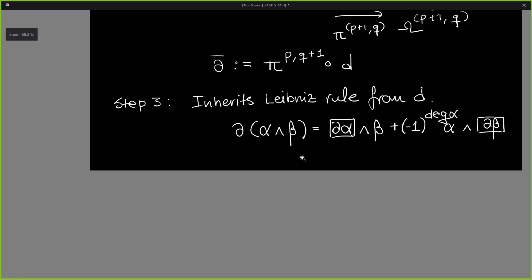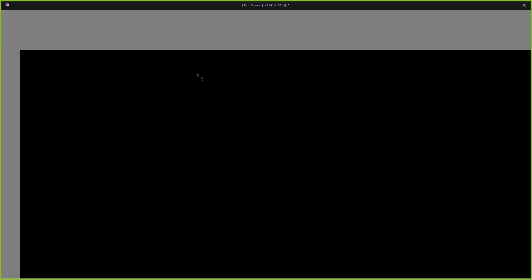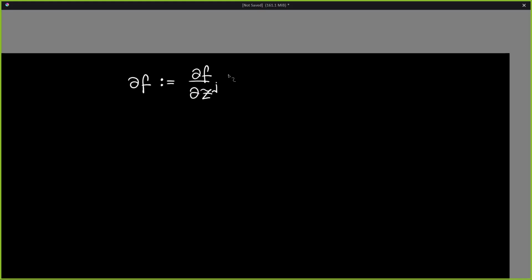And now, in order to fully define it, because we can keep using the Leibniz rule to decompose until we have the partial of a zero form, how do we deal with a zero form? So partial f is defined as partial f partial z j dz j, keeping in mind the Einstein summation convention.